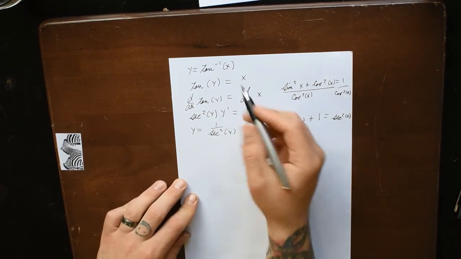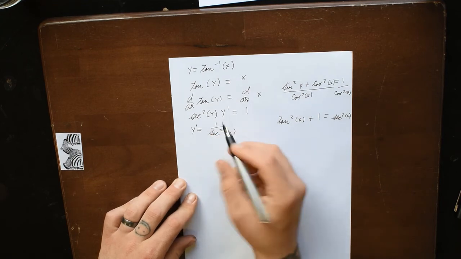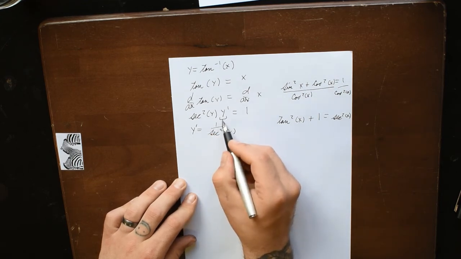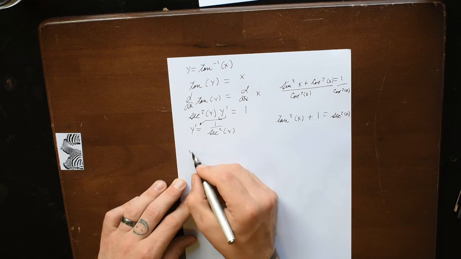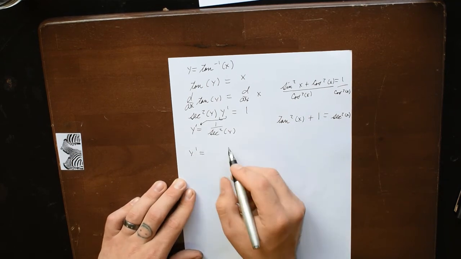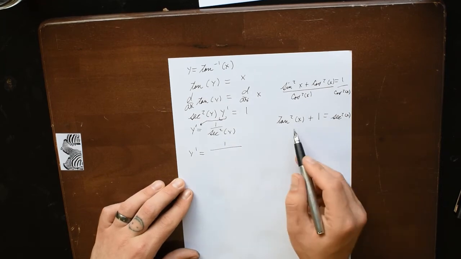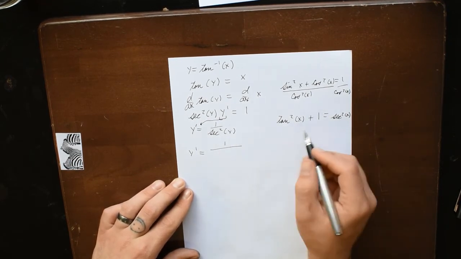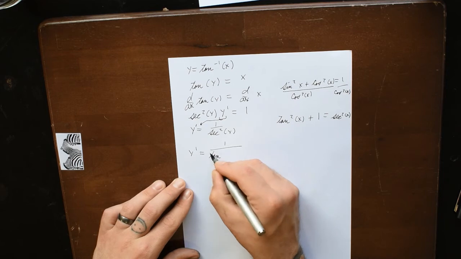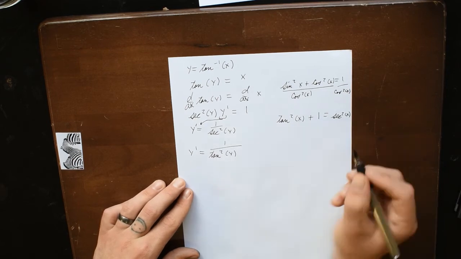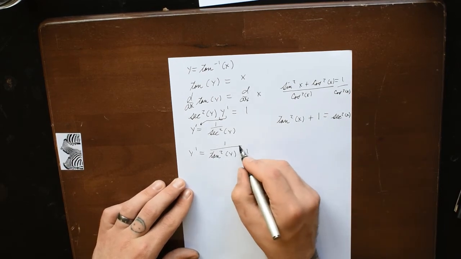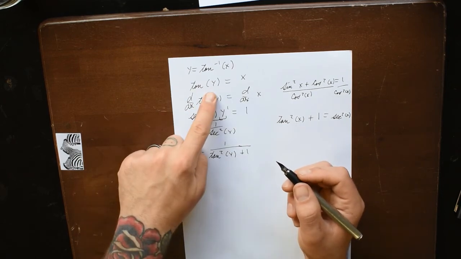So, this y, and this should actually be a y prime because I solved for this, y prime is equal to 1 over, instead of a secant squared of x, I'm going to write a secant squared of y, I'm going to write a tangent squared of y plus 1. But we know what tangent of y is.